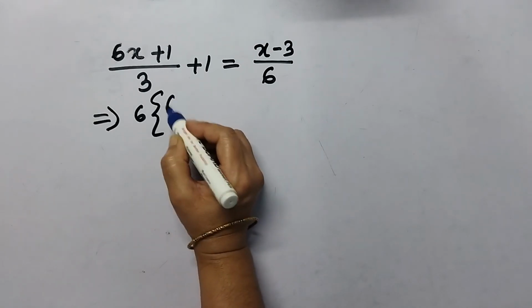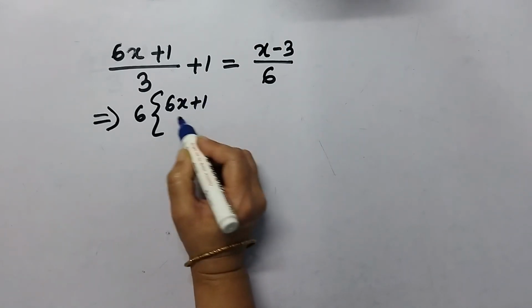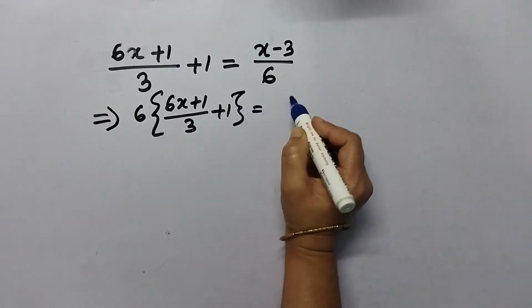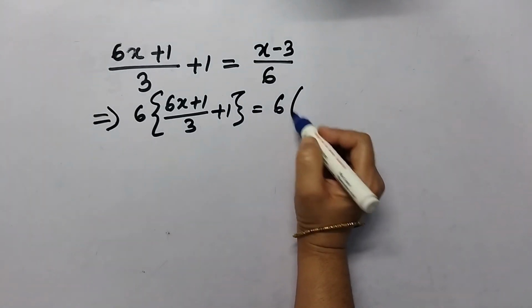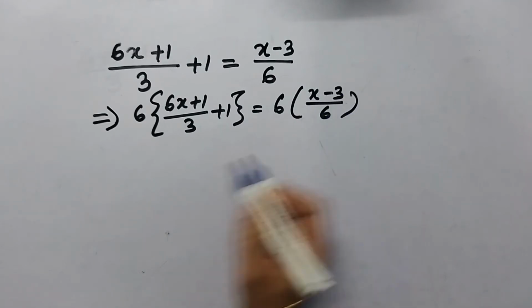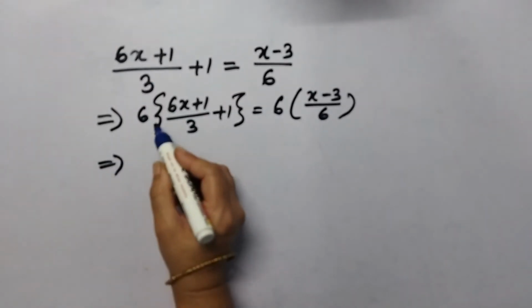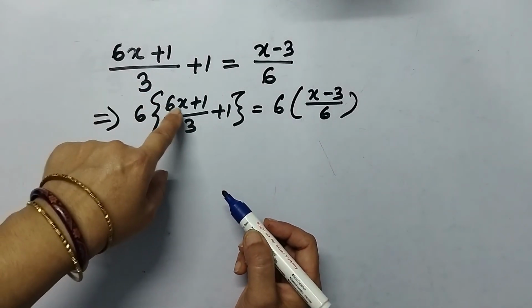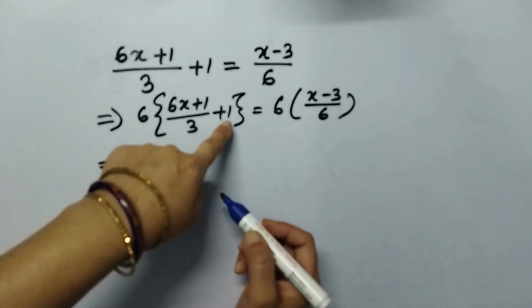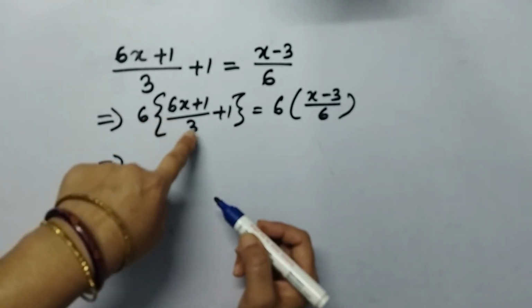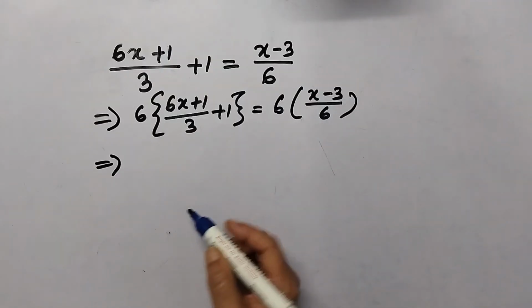On the RHS, 6 will be multiplied also. Here two terms are present: one term is (6x plus 1) divided by 3, and plus 1. So we multiply 6 with both terms inside the bracket.